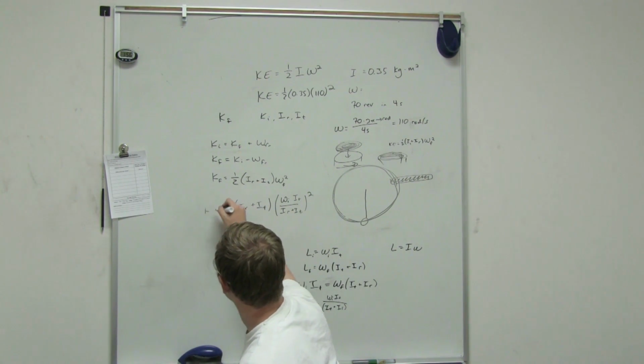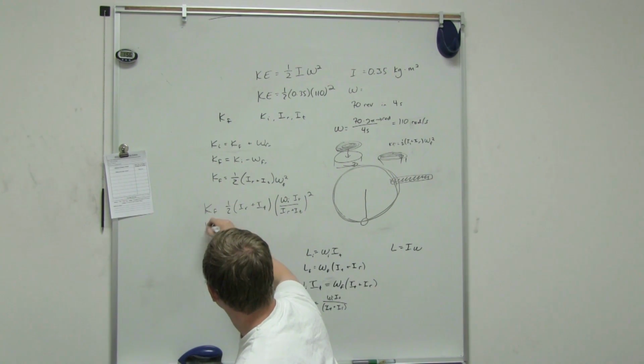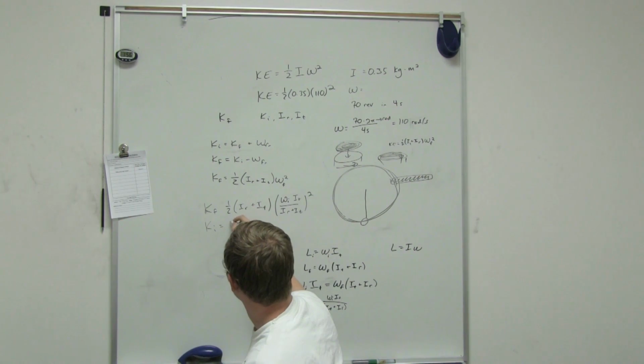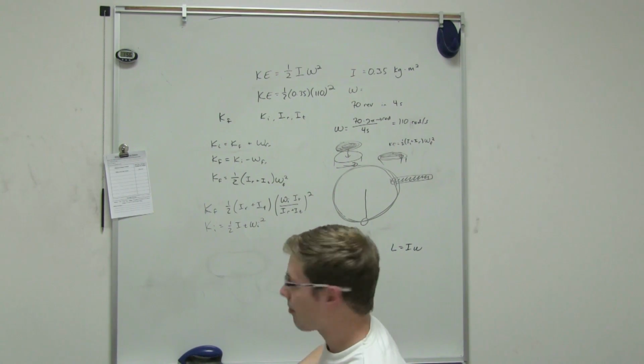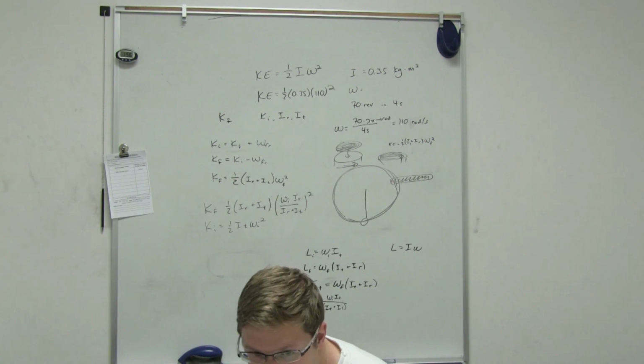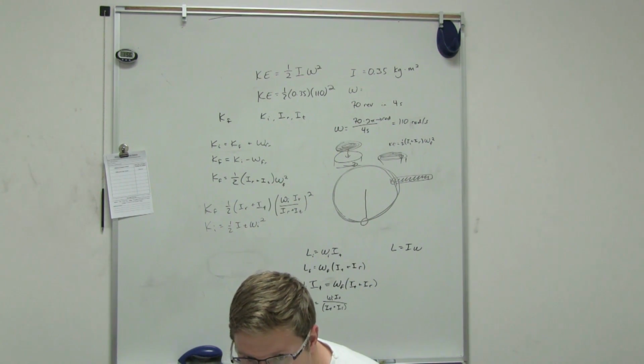Okay, so this is K_f, and we have K_i, 1/2 I_T ω initial squared.